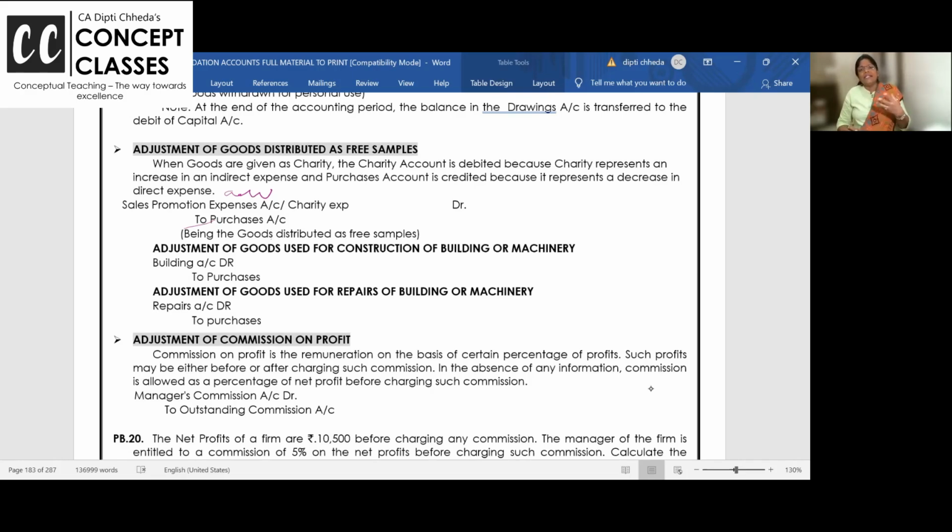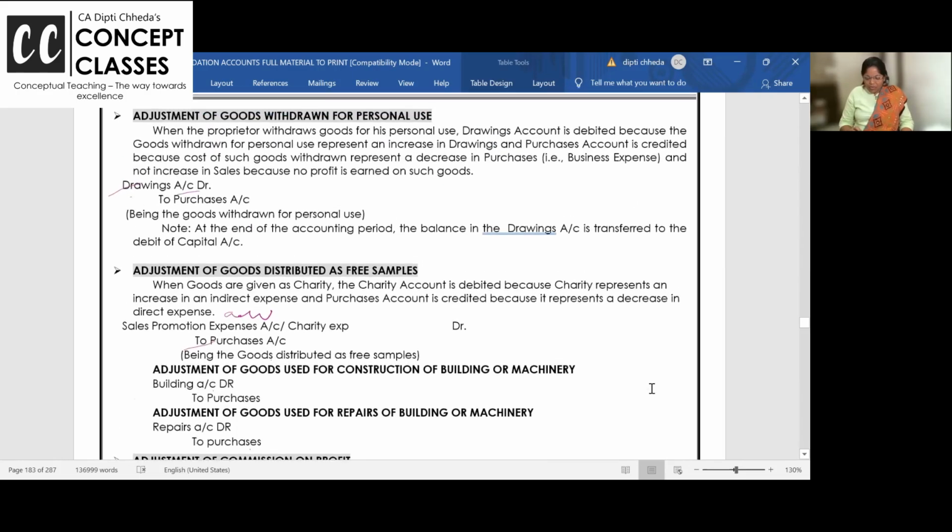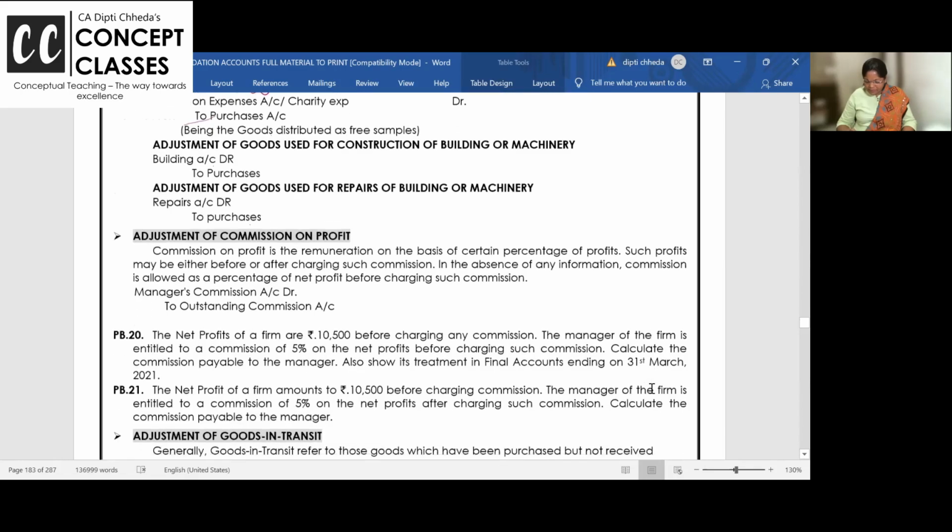Suppose I buy and sell timber. So my own purchase is reduced by 10,000 and this 10,000 timber I will use to make my own building. So purchase credit, building debit. If you are using your own purchases for repairs, repairs debit, purchase credit. If you are withdrawing, drawings debit, purchase credit. Clear to all of you or not? Now for all this I can also give one example, but I hope this is quite clear.